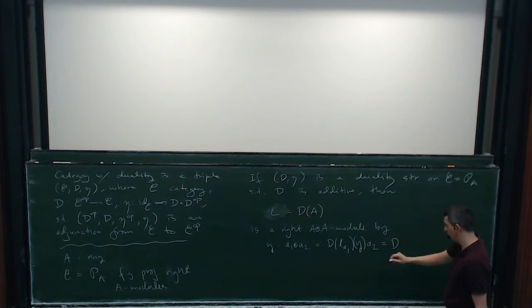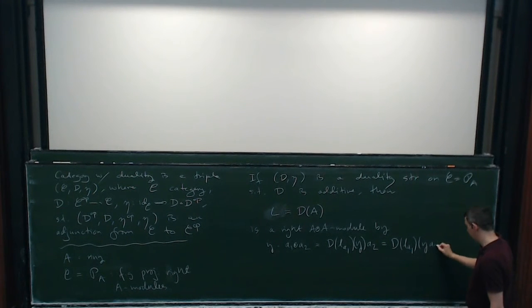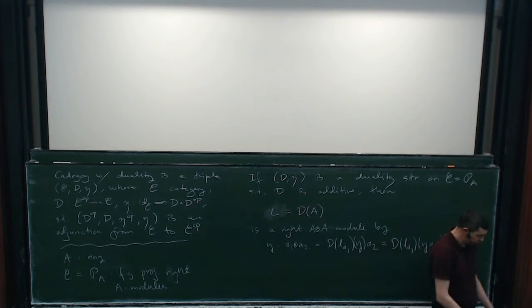And since D is linear, this is the same as that, which says that these two structures commute with each other.